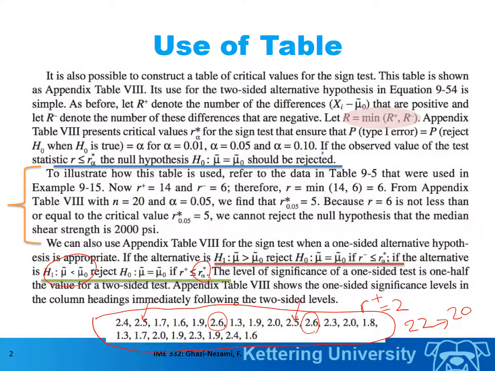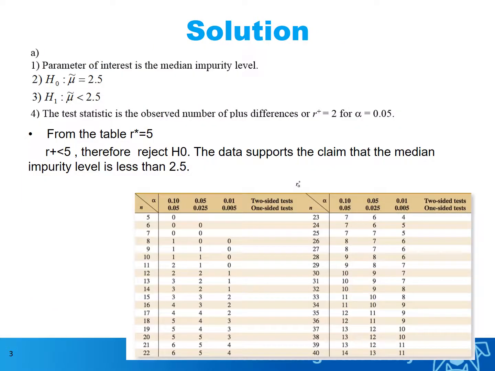The reason I'm emphasizing that is that when you want to find the critical value from the table, you have to have it in mind. So in this example, I'm talking about a one-sided test with alpha equal to 5%. And the value of n that I need to read from this table is not 22.